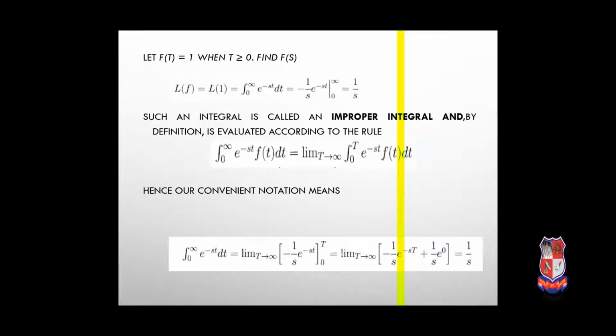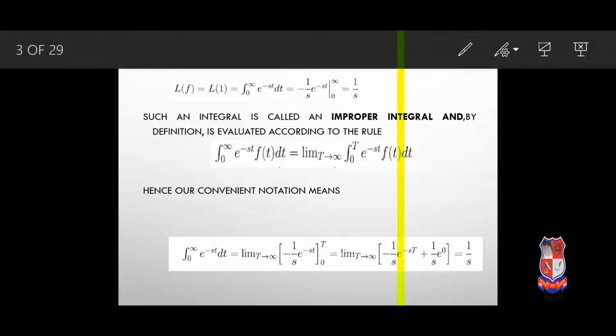Here we have given f of t is equal to 1 for all t greater than or equal to 0. According to the definition, here 1 instead of f of t, then L of 1 is equal to integration 0 to infinity e raised to minus st dt.